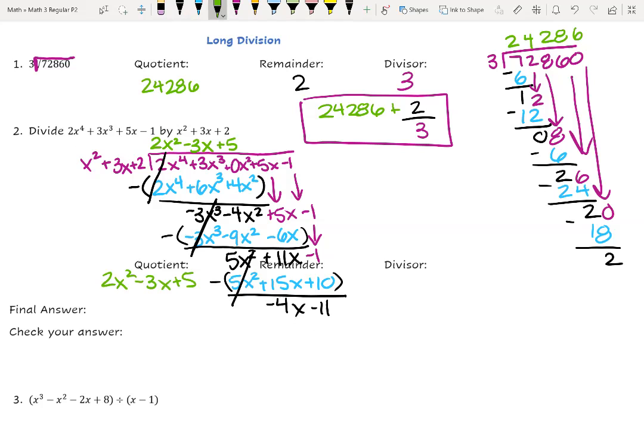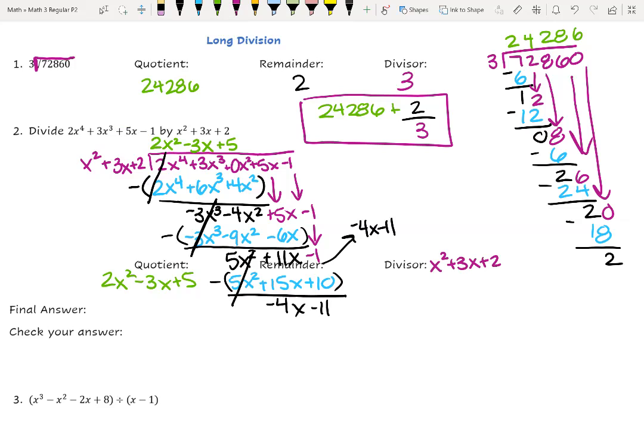The remainder, I'm going to have to put this over here. The remainder is what I have at the bottom, so negative 4x minus 11. And the divisor was what I was dividing by right here. So in this case, the x squared plus 3x plus 2.